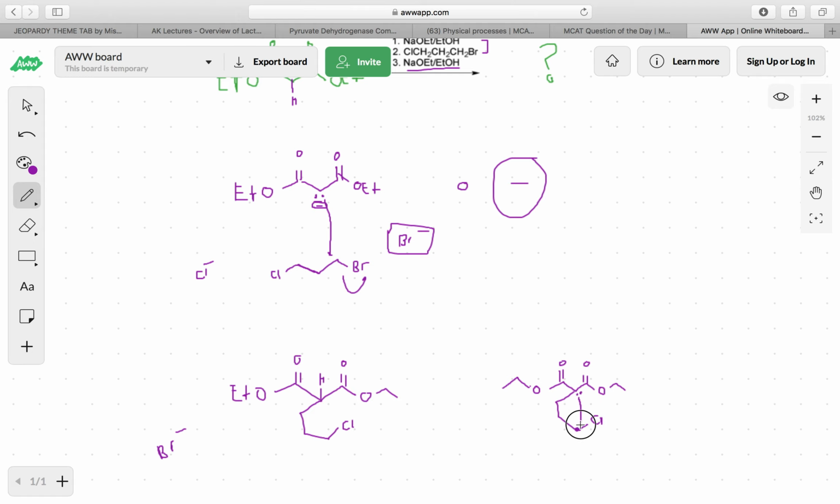This carbanion is going to attack this electrophilic carbon and kick off this chlorine. And then what we should get is this. Well, now we have 1, 2, 3 carbons. So 1, 2, 3, and form the square. So this should be your product.